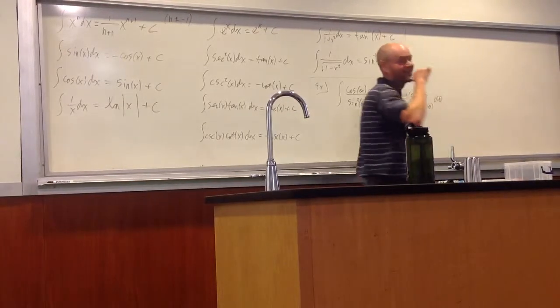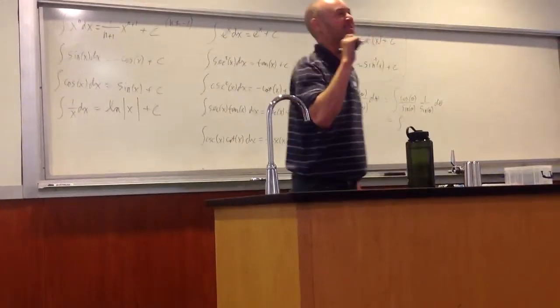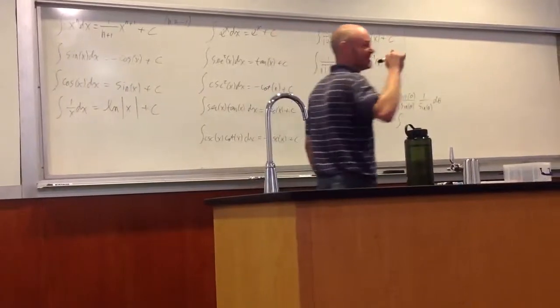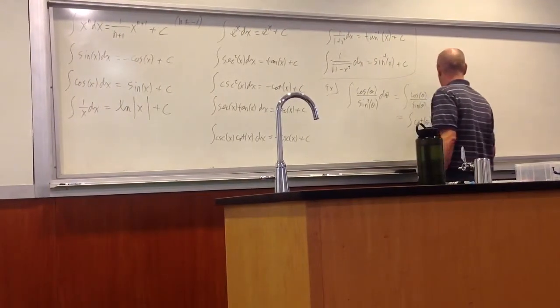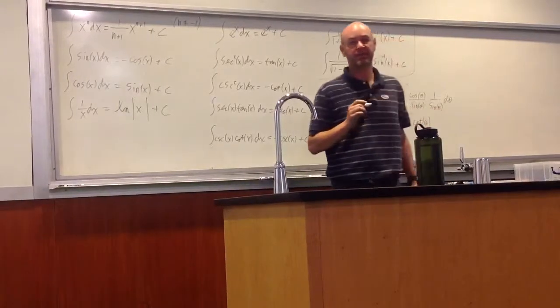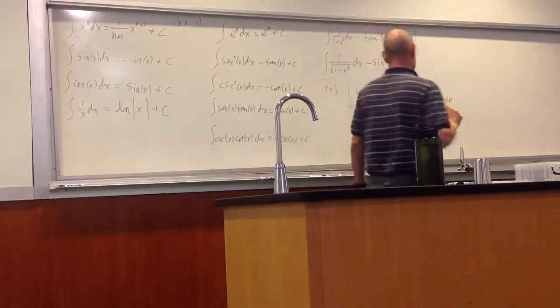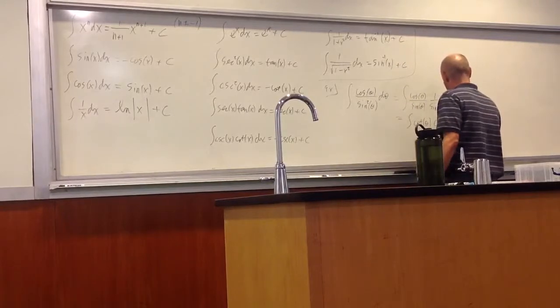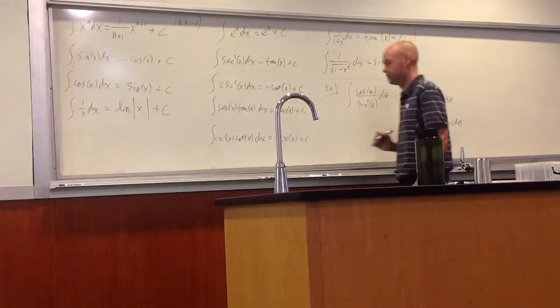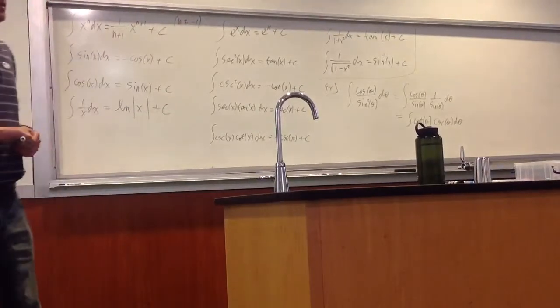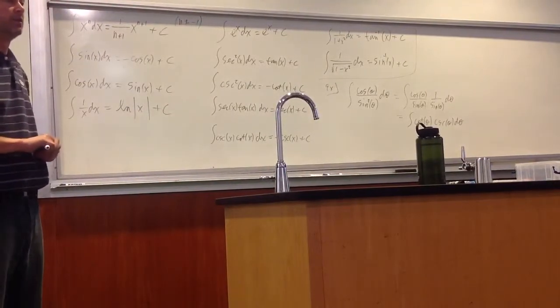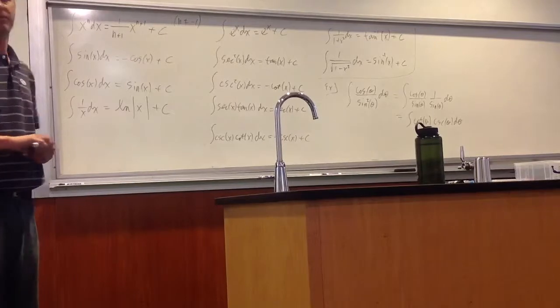Cosine theta over sine theta is cotangent. And one over sine is cosecant. What does that give you?